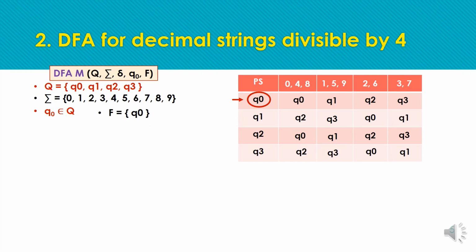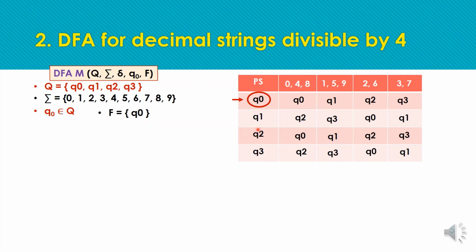Once the transition table is complete, we can look for similar states in the transition table. Here, Q1 and Q3 both have the same transitions for the same input symbols, moving to the same resulting states for all the input symbols. From Q1 we are moving to the state Q2 for the first set of input symbols 0, 4 and 8.